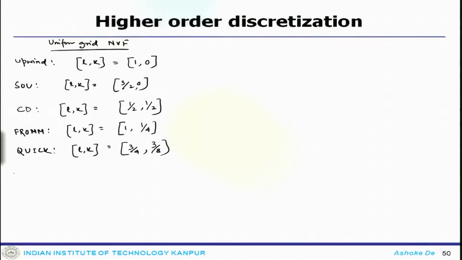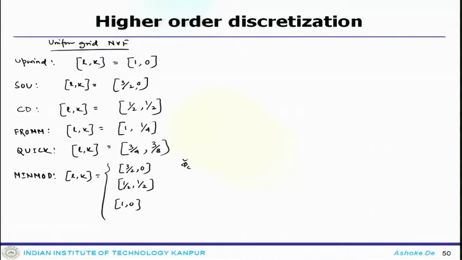We have already seen that MINMOD has different segments. One is 3/2 and 0, another half and half, and another 1 and 0. This is for the range where phi c is between 0 and half, between half and 1, and elsewhere.